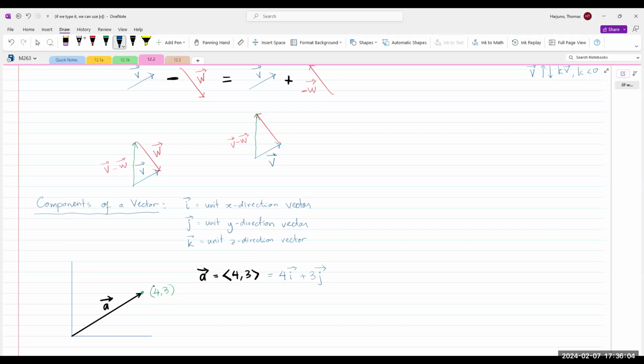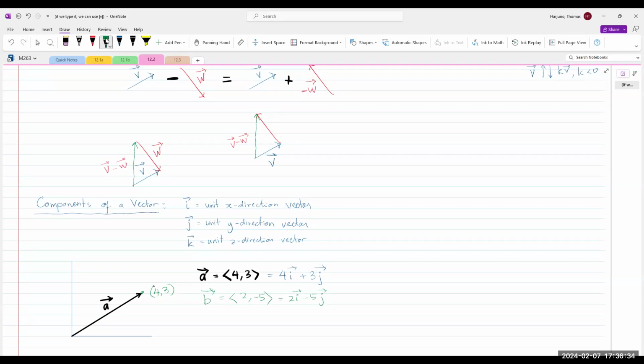Okay, if I then have another factor, let's call it factor B, with components 2, -5, that is 2i minus 5j.